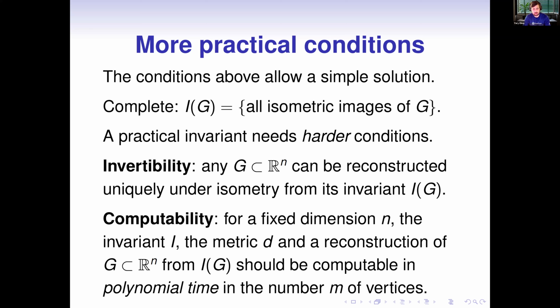There are many graphs that are the same up to rigid motion, but we want one representative from this class, and we want to go from this invariant back to one representative. And then also, because this is a practical task, we want it to be computable. So for fixed dimension n, the invariant, the metric, and reconstruction should be computable in polynomial time, so that we can actually do something with this.